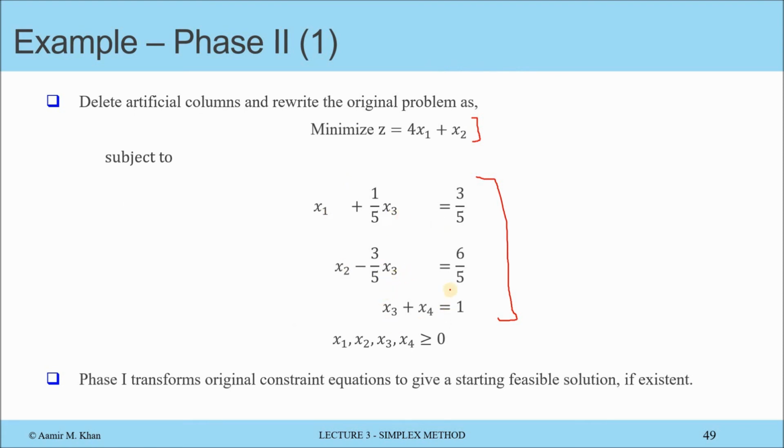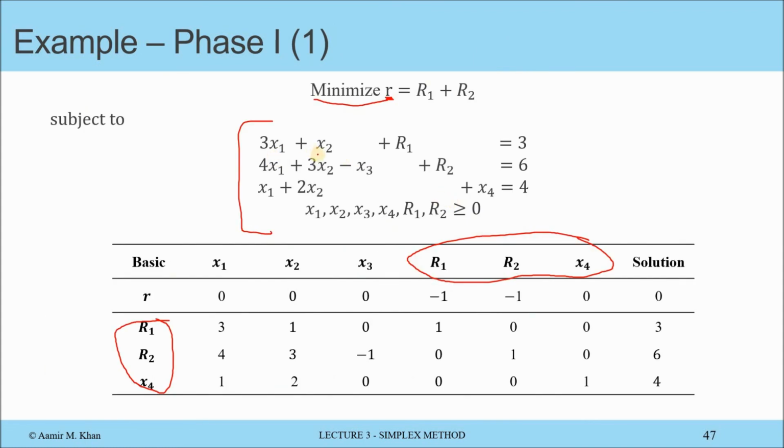Basically, we had 3 equations in x1 and x2 only, and we added the surplus and slack variables, and then we added the artificial variables.